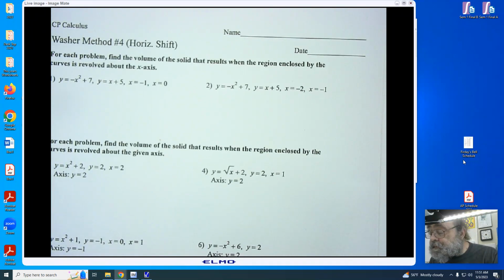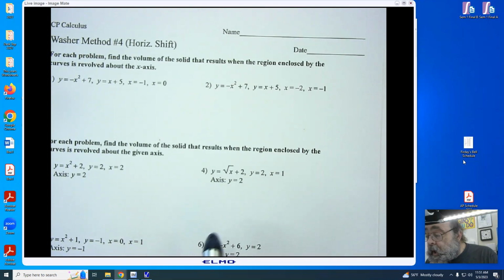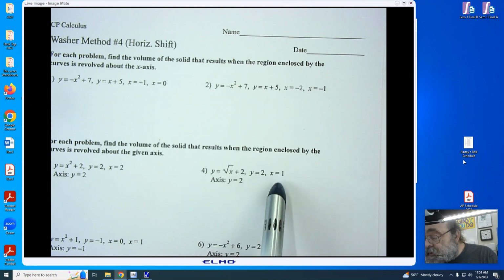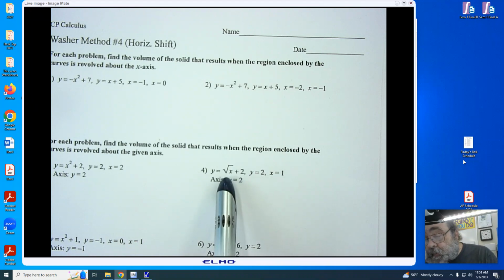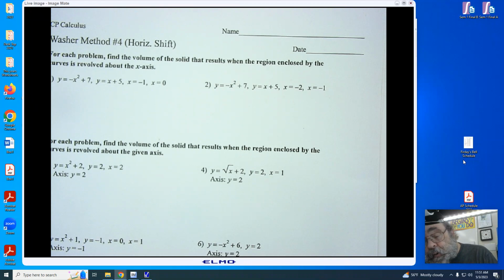Here we go. We have y equals the square root of x, the quantity, plus 2, from y equals 2 to x equals 1, which means that we're looking at an intersection at 0, 2. So we're going to be going from 0 to 1 in our integration.